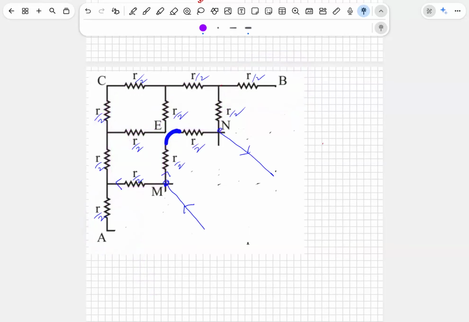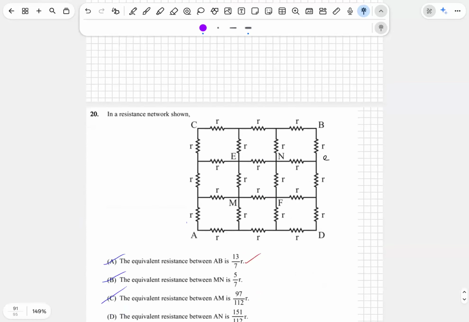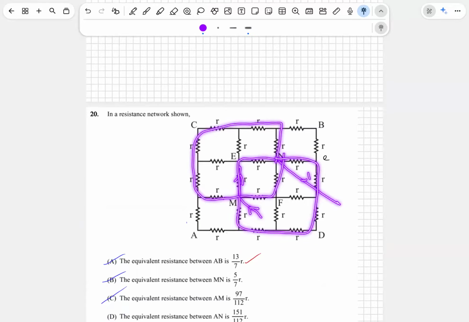What are they doing? Nothing. Even now also I am telling, when the current enters here to go there, this is one root, this is another root, this is another root, this is another root.